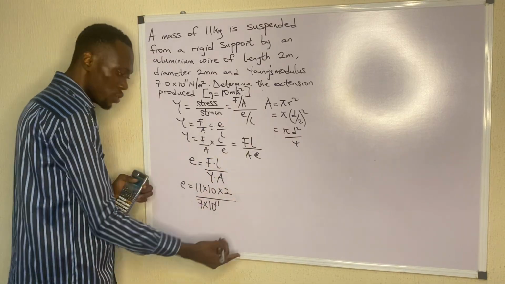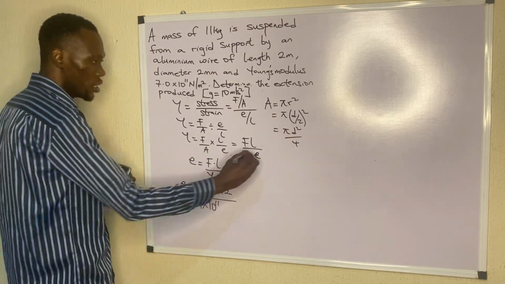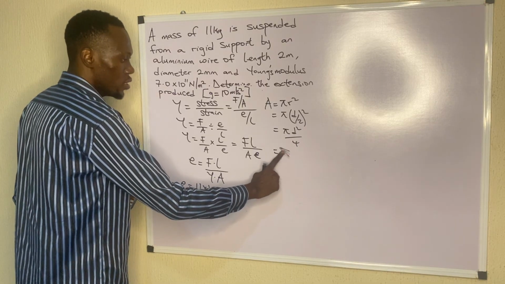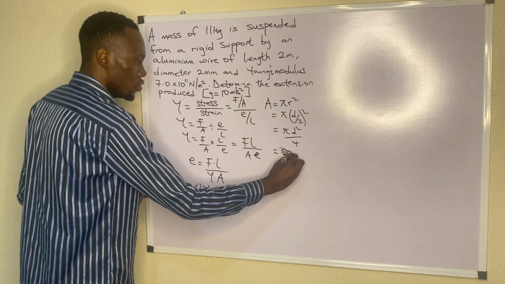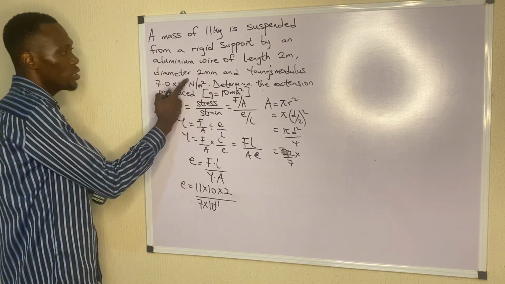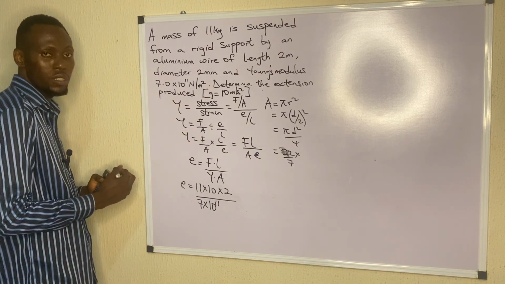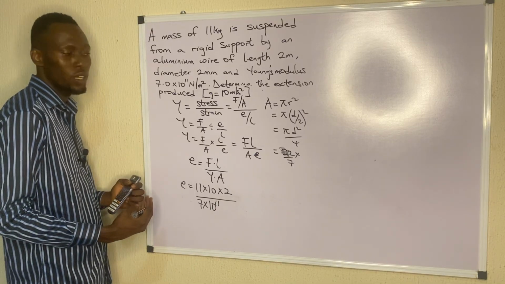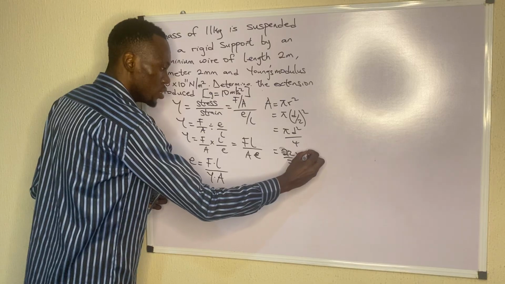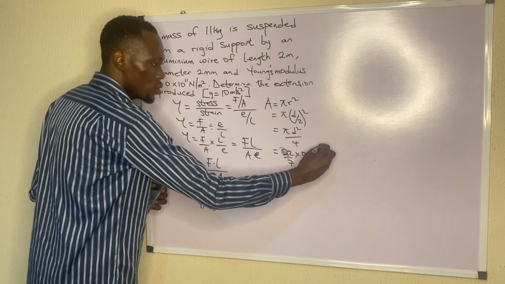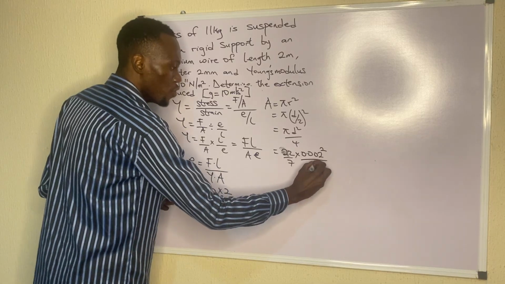Let's just quickly solve for the area so I can put in the values here. The area will be pi, which is 22 over 7, times the square of the diameter. The diameter is 2 millimeters. Changing millimeters to meters, we divide by 1000, which gives 0.002 meters. But we have to square it because it's diameter squared over 4.